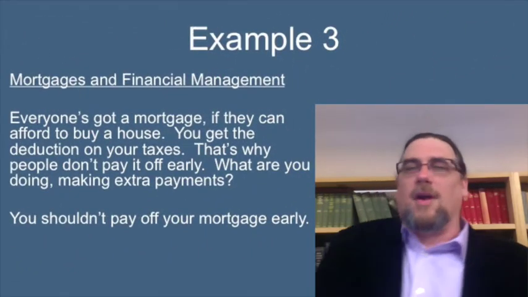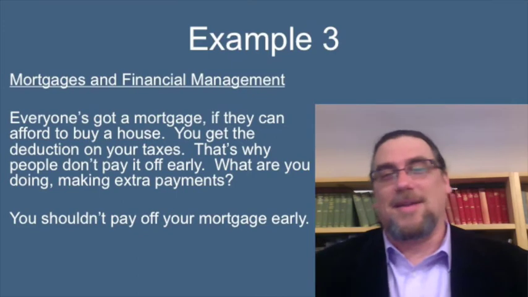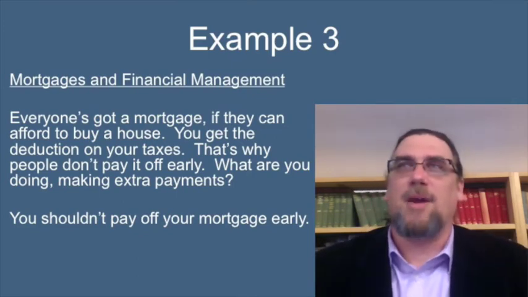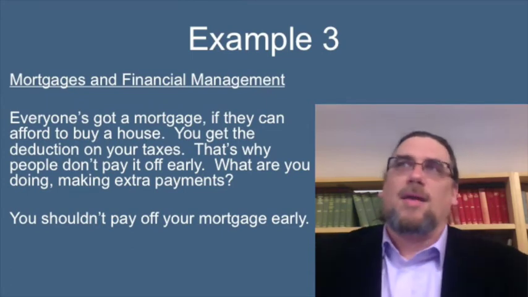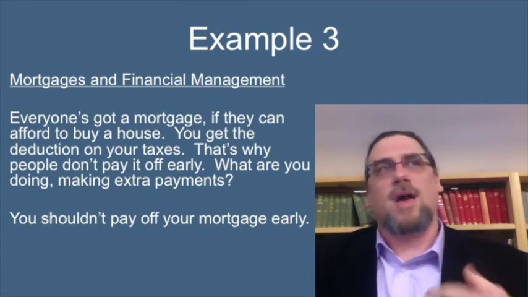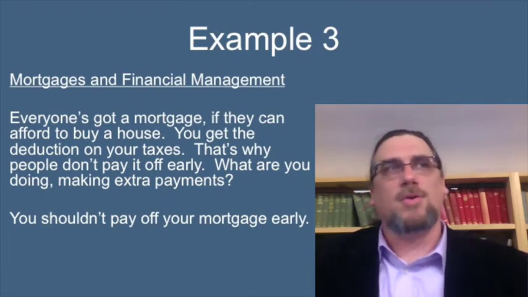Let's look at a third example. This is one that comes to me from thinking about financial management, money management. There's this prevailing viewpoint that everybody should have a mortgage, that it's smart to keep a mortgage.